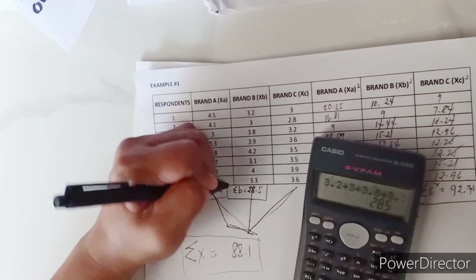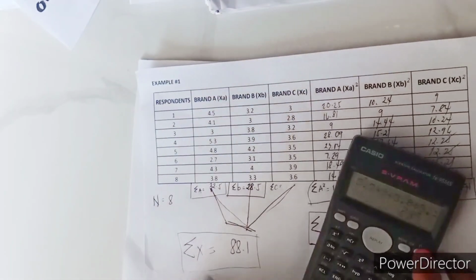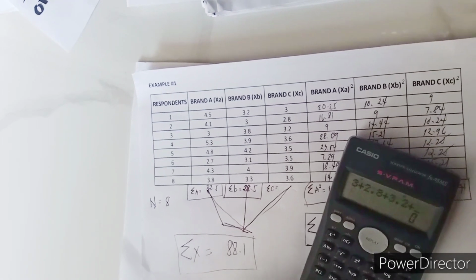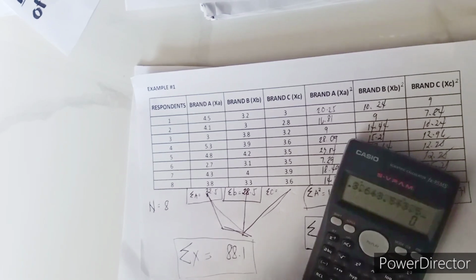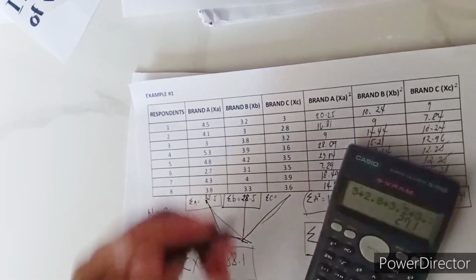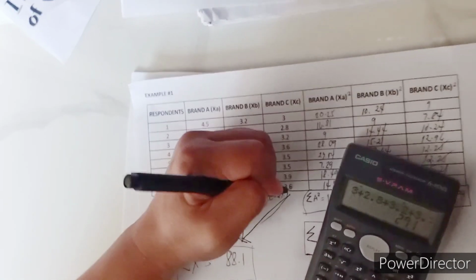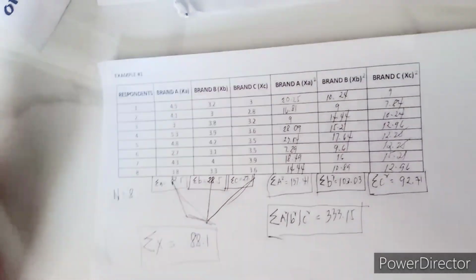And summation of C: 3, 2.8, 3.2, 3.6, 3.5, 3.5, 3.9, 3.6. Okay, 27.1.